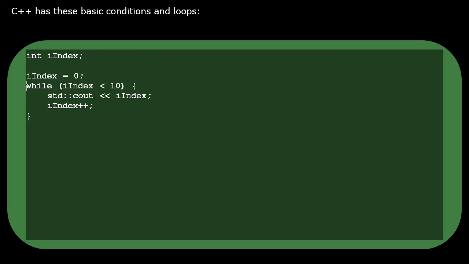This indexing form is so common that C++ has a special syntax just for it called a for loop. The for loop will work identically to this code. Its purpose is merely to gather together the key indexing information so that it can appear in one place.